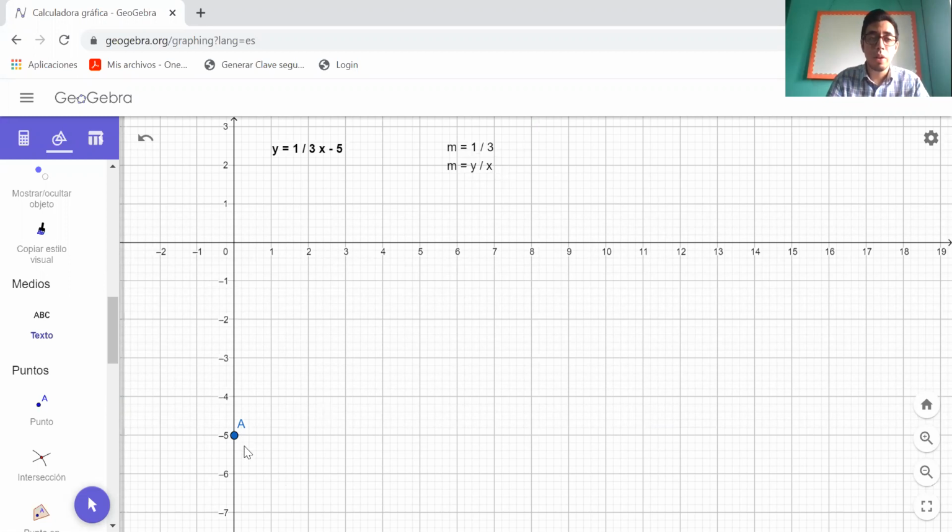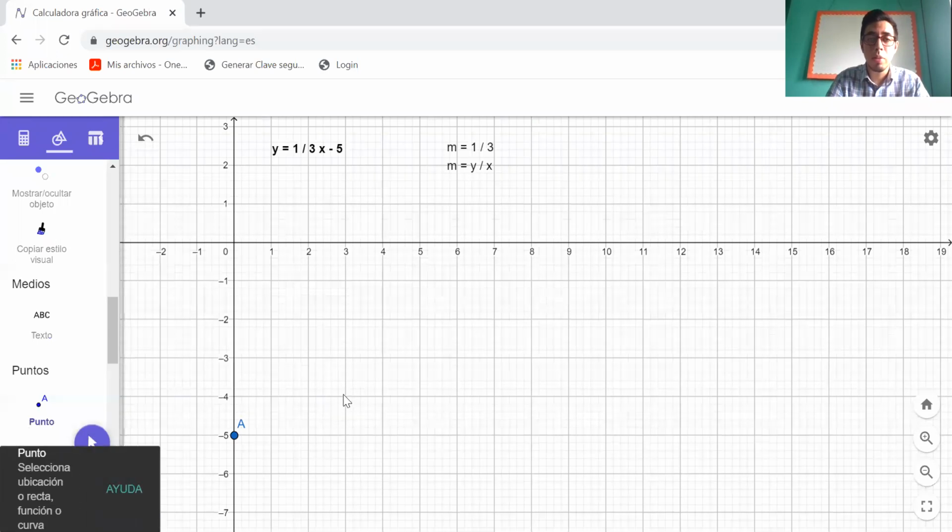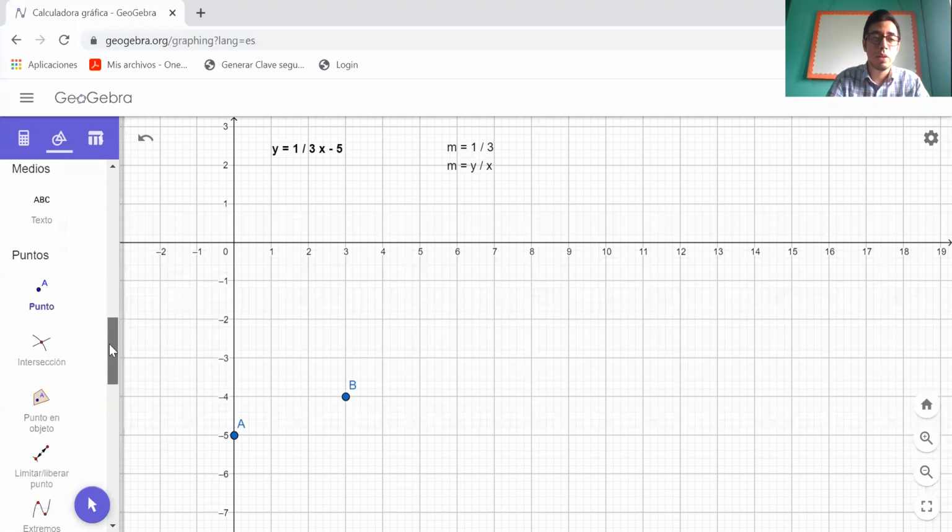So I move 1 unit up because the 1 is positive. So I move 1 unit in here, and I move 3 units to the right because I have 3 units in x. So I have 1, 2, 3. The point is going to be placed in here. So you place the point, and you can graph now.